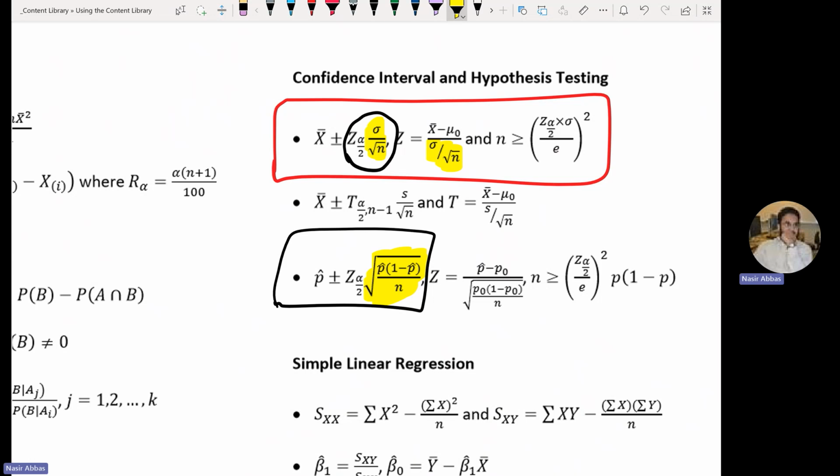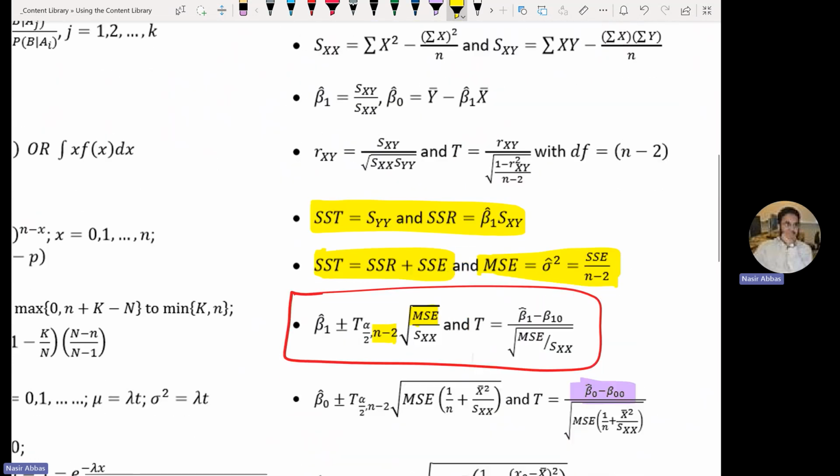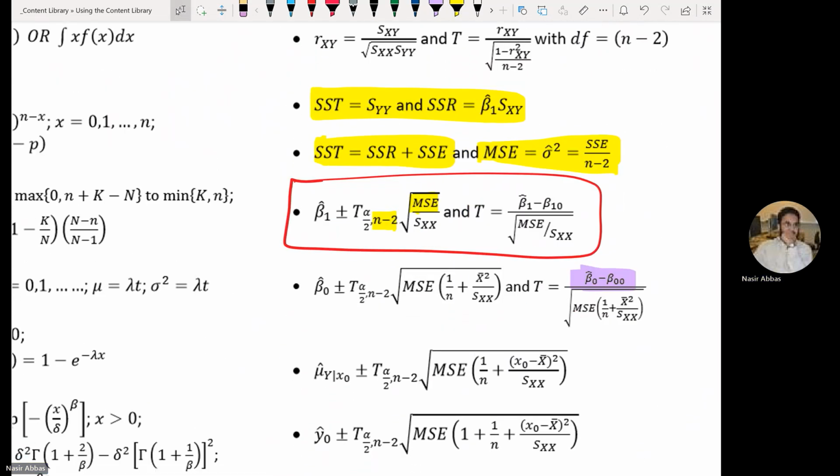This is the standard error of P hat. Again, the thing which is multiplied by the critical value. What is the standard error of B naught? The thing which is multiplied by the critical value. What is the standard error of B1? The thing which is multiplied, or the denominator of T statistic.